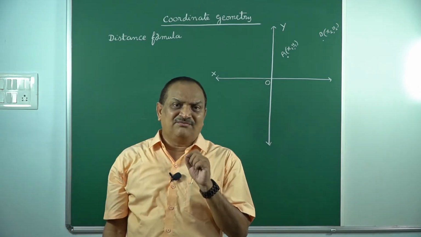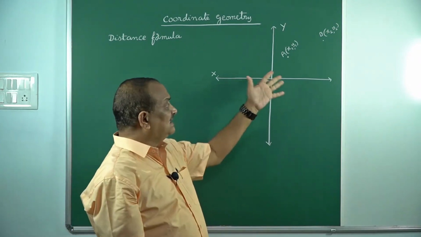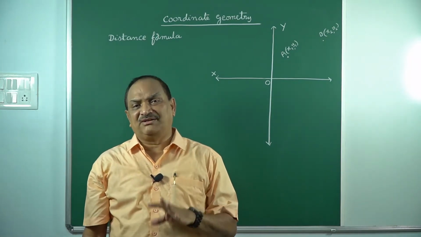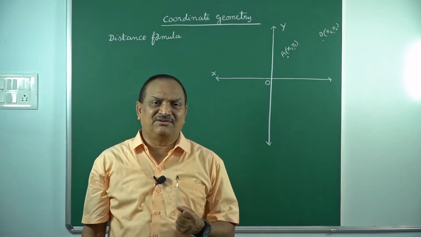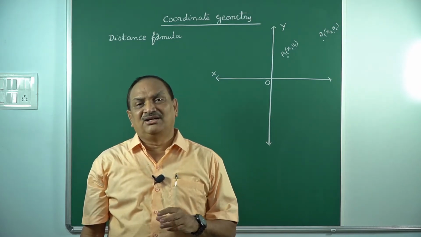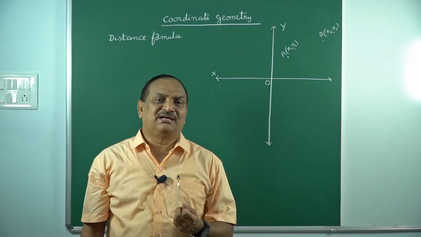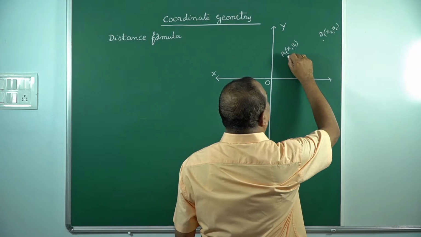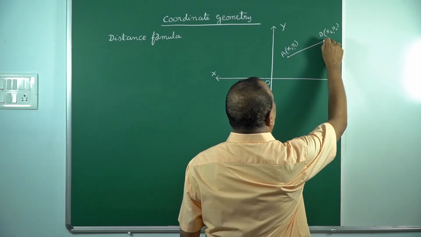If points are given to you, without doing all this plotting, you need to find out the distance between them. If there are 2 points given to you, x1 y1 and x2 y2 in the plane, our intention is to determine the distance between them. It is the length of this line segment you have to find out.